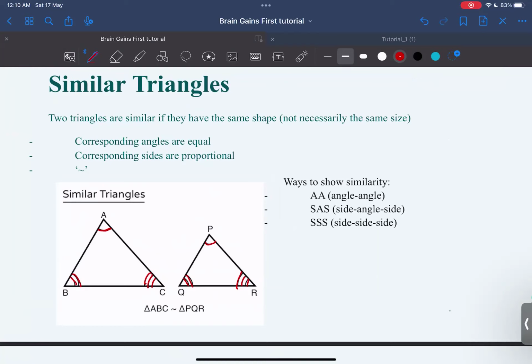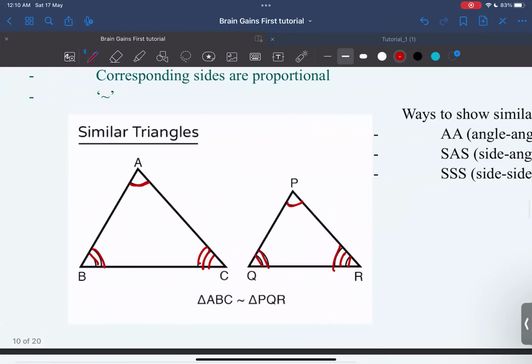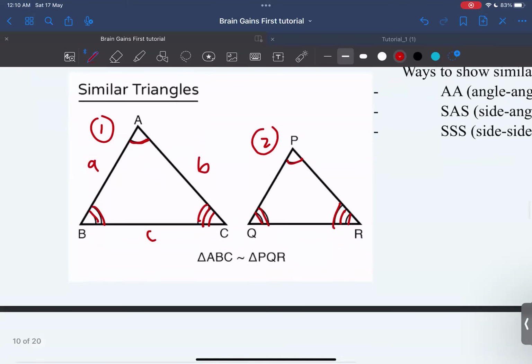And then corresponding sides are proportional. That just means that our first triangle is just the second triangle, but made a little bit smaller, right? But the ratio between the sides remains consistent. So if the three sides of our first triangle are A, B, C, this ratio doesn't change when we make it smaller into triangle two.